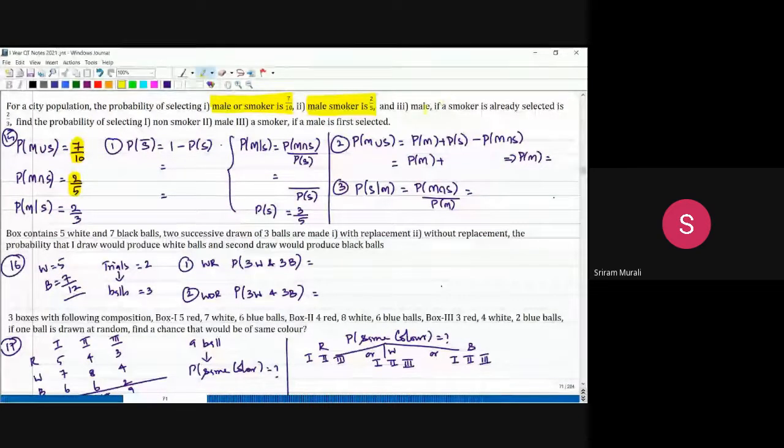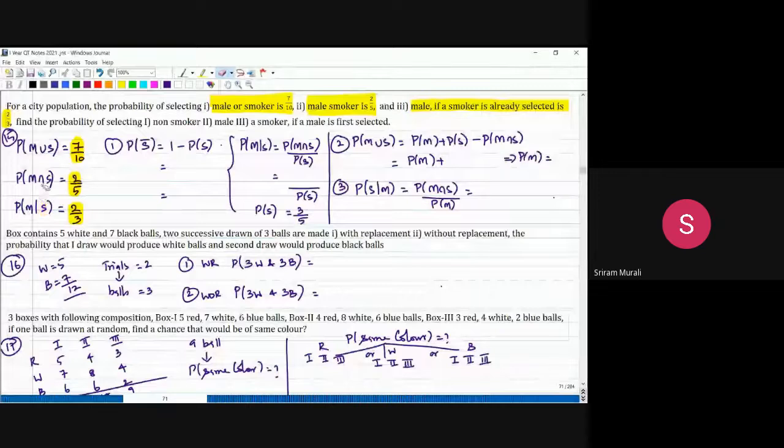Male, if smoker is already selected, is 2 by 3. Since the smoker is already taken, this is conditional probability. What is the chance of getting a male? So this is the probability of M given S, which is also given.